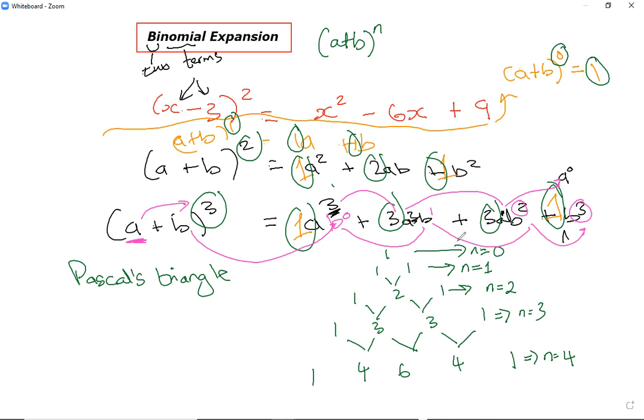So every single time we do this, there's some kind of way of creating the variables and the powers that the variables have. And this is where the binomial expansion came about. Once they did this, they realized, okay, I'm sure there's a pattern. I can use this to create some kind of formula. Let's check what this binomial expansion formula would look like.